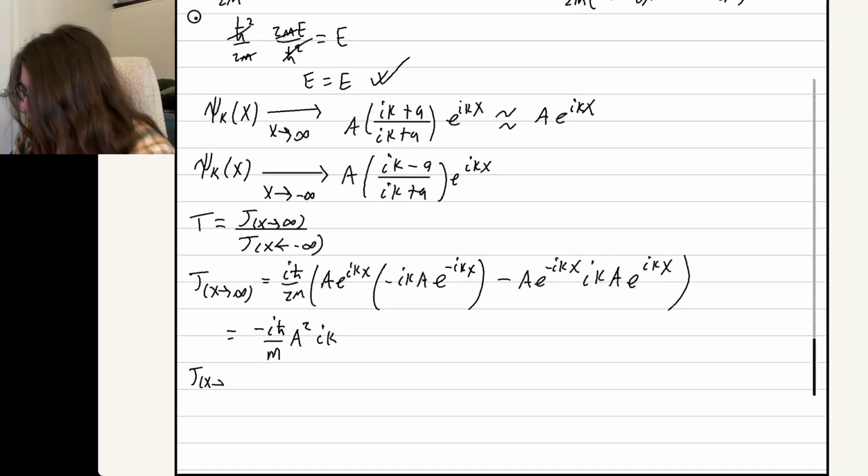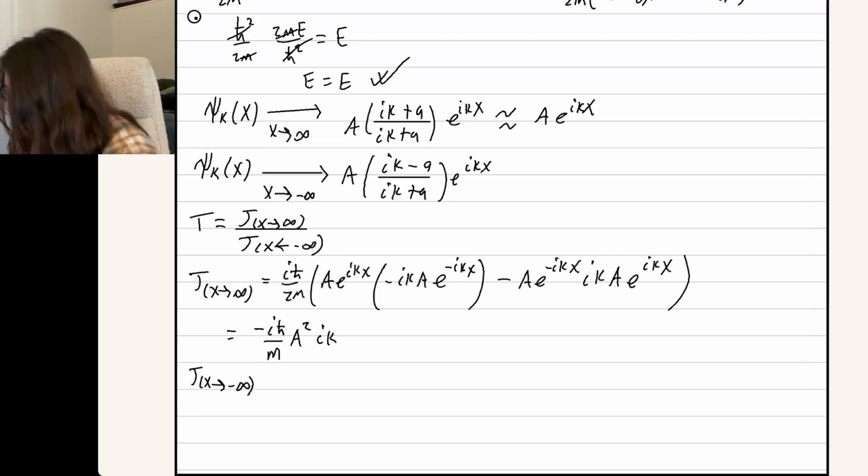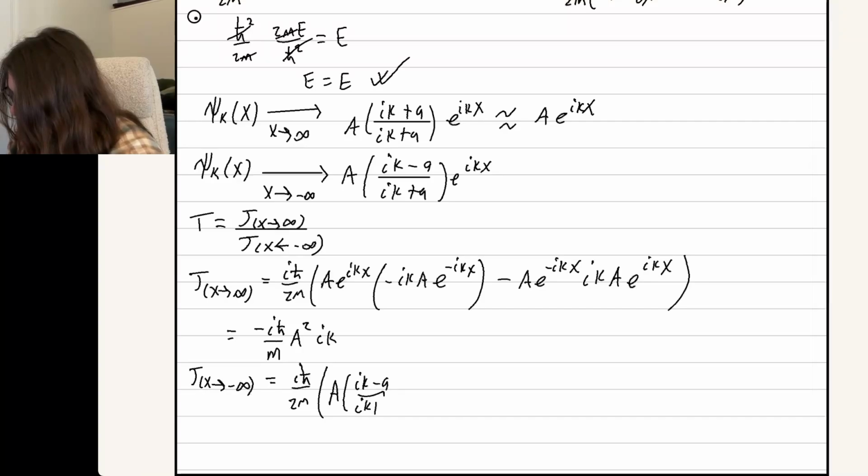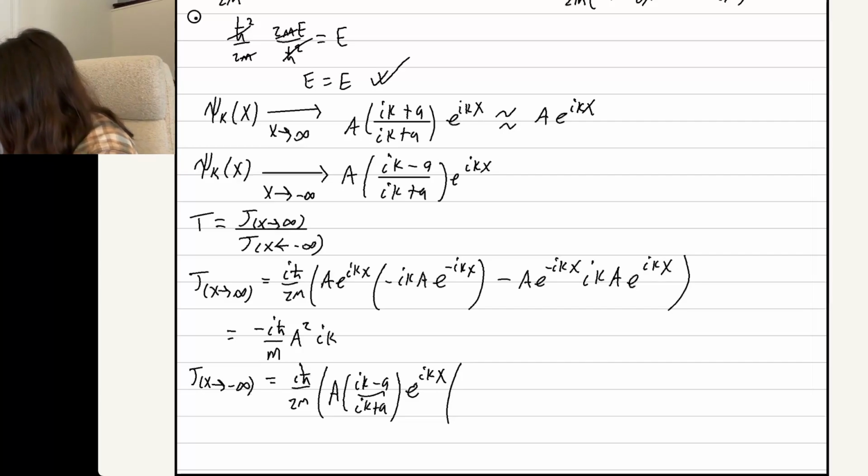Then the probability current in the other region, the x goes to minus infinity region, looks like i h bar over 2m. Psi was just A (ik minus a) over (ik plus a) e to the ikx. The derivative of the complex conjugate will look like minus ik times A (minus ik minus a) over (minus ik plus a) times e to the minus ikx.